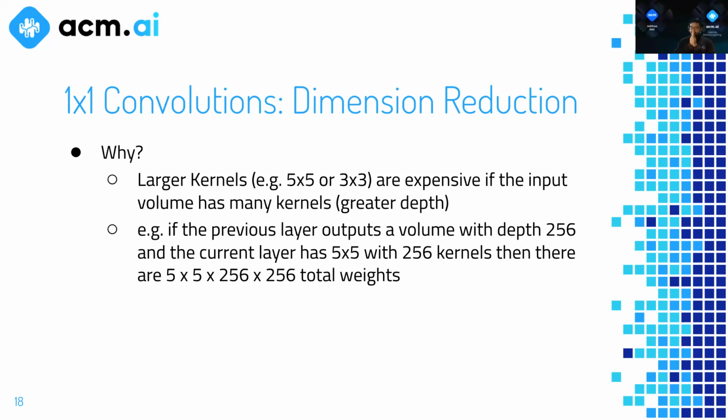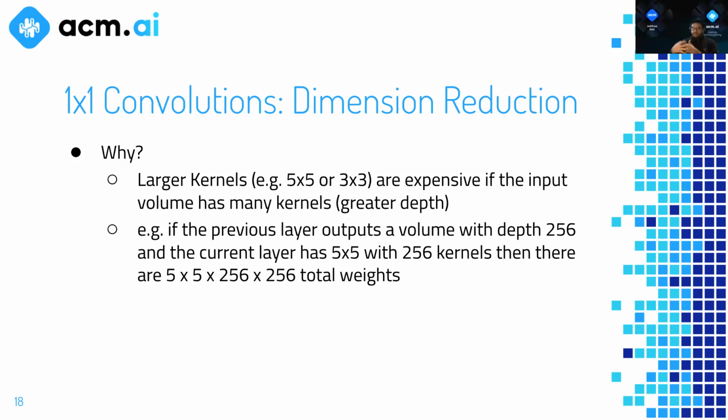So, we can think of filters, as we discussed in the previous workshop, as volumes of weights. The reason these filters are volumes is that oftentimes you receive an input volume, and in order to convolve over that input volume to extract features, we need a filter that has the same depth as the input volume.